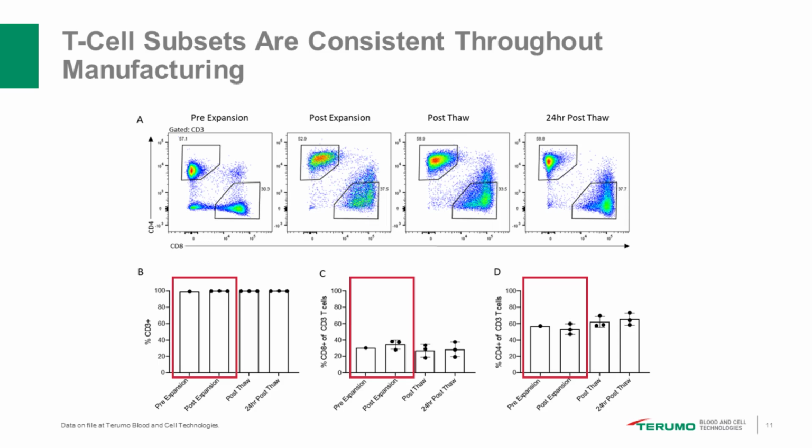As you can see, this was a very enriched population of CD3 positive T cells, approximately 100% throughout. And then looking at the subsets, you can see CD4 and CD8 subsets were stable throughout the expansion.